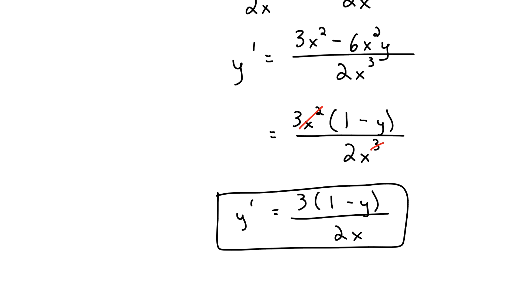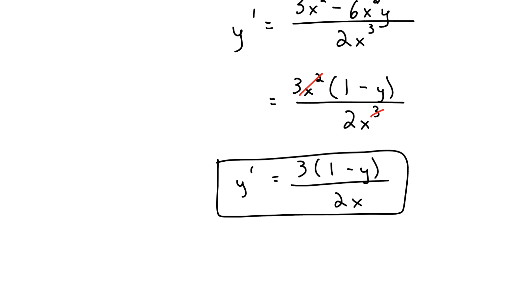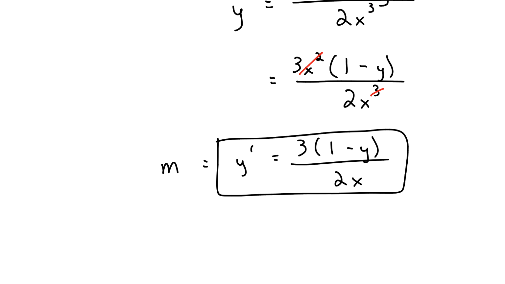Now in the next page when we get there, we're going to start to talk about how we can use the derivative, and the derivative, hopefully not a surprise, still tells us the same piece of information. It still tells us the slope of the tangent line. So if I wanted to find the slope of the tangent line using my derivative in this case, I would need an ordered pair.